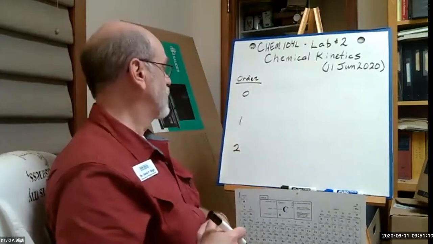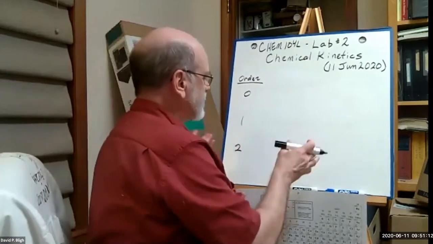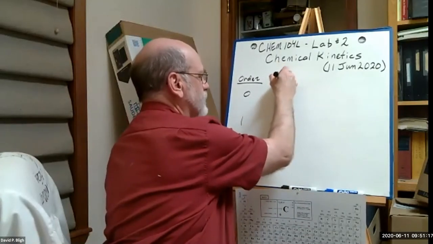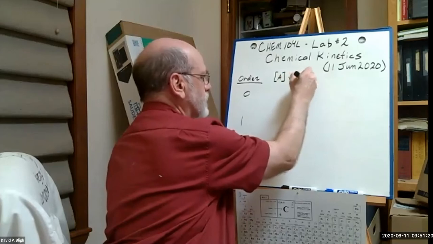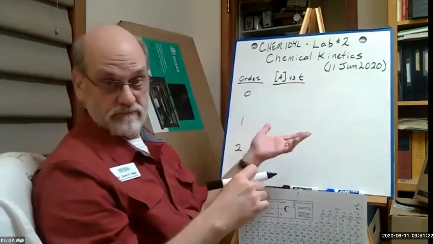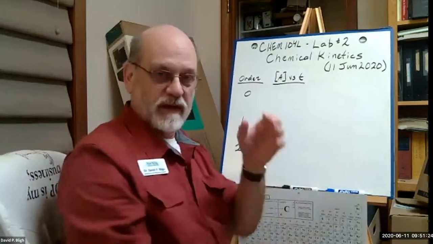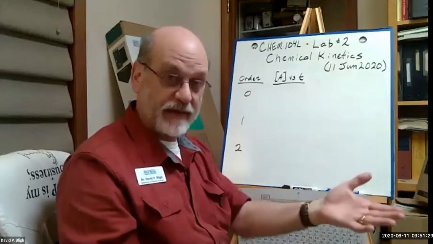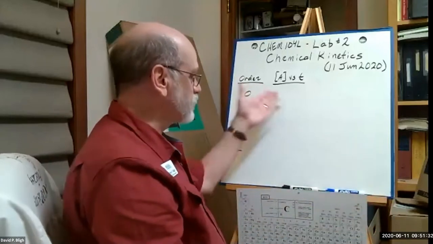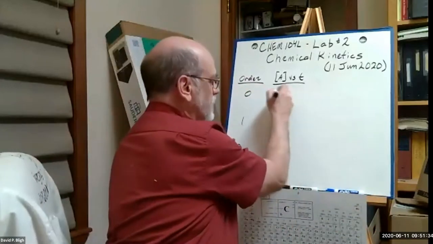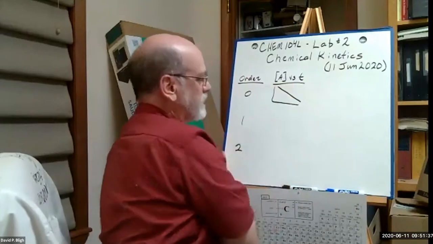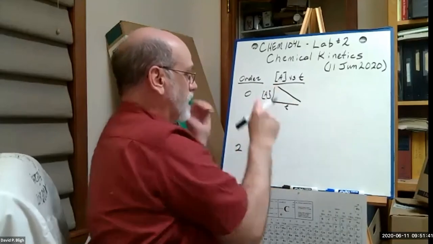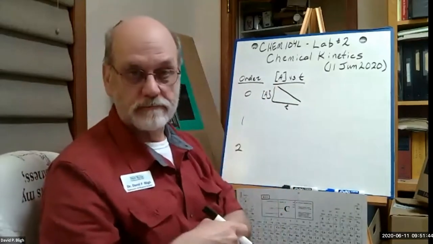All right. So we have a data set of, in this case, absorbance versus time. Okay. If we plot the actual values of absorbance versus time in seconds, and we get a straight line, which would be like that, we know it's zero order, right?